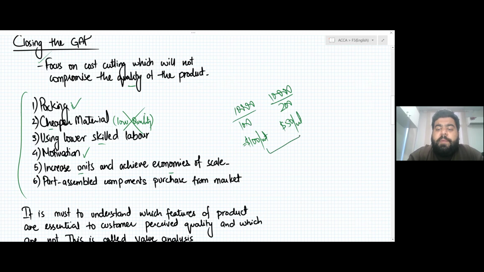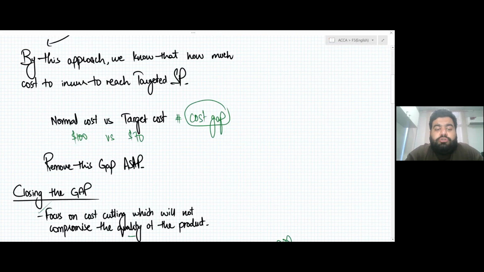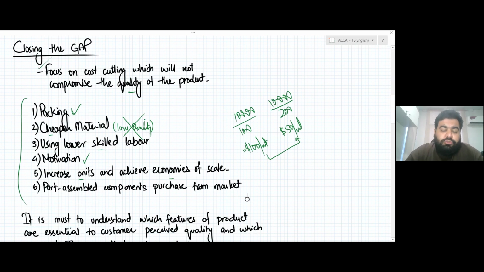Your rent per unit decreases with an increase in units. Maybe through advertisement you increase your customers, which means increased sales units, so increased production units, and it will lower your fixed cost and decrease your normal cost towards the target cost.